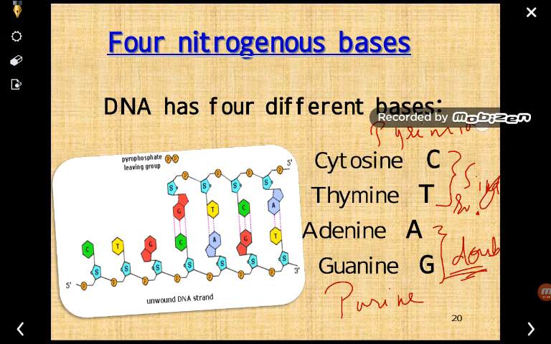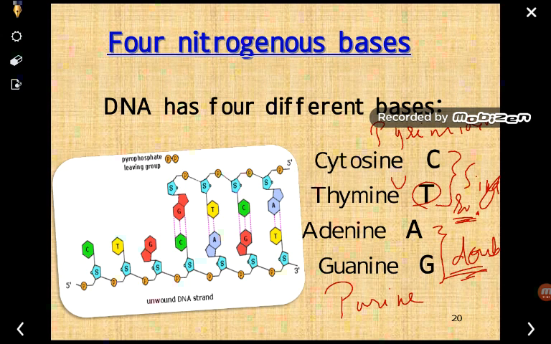So we can say that DNA has 4 nitrogen bases, 2 may be purines and 2 may be pyrimidines. The purines are adenine and guanine, and the pyrimidines are cytosine and thymine. In the case of RNA, thymine is replaced by uracil, which is again a pyrimidine, a single ring compound.